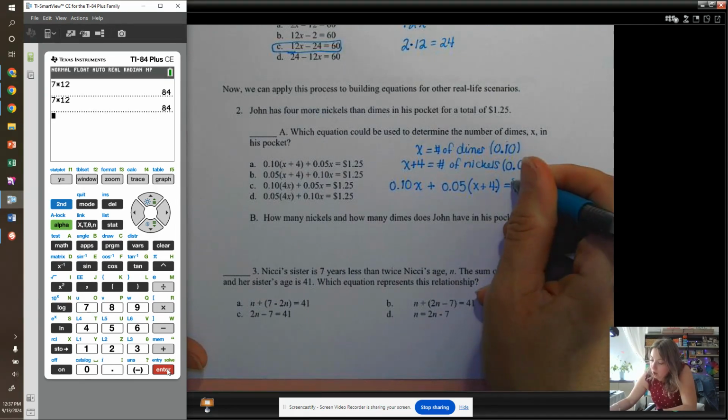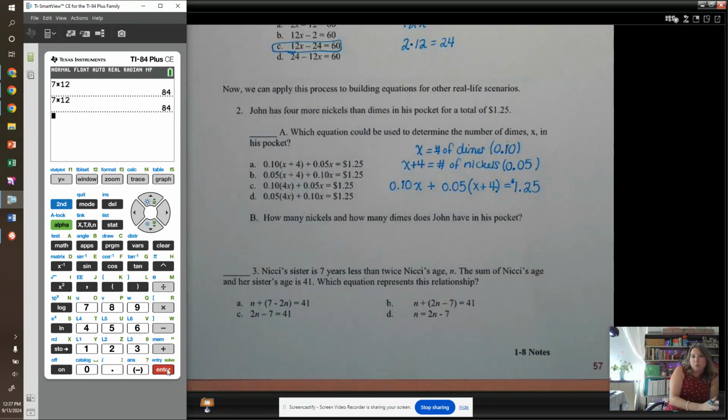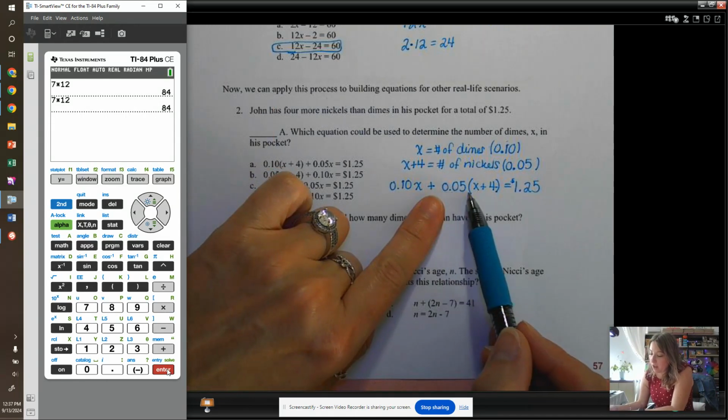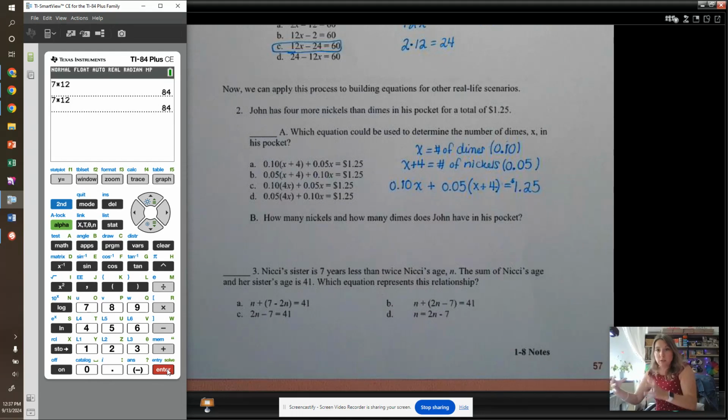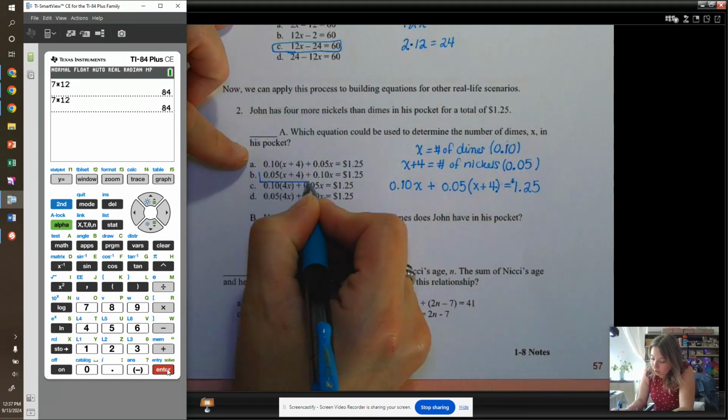And this time I built this first and then went back to look at my multiple choices. So another way that you can handle that is to build your equation first, then look at the options. Which option matches? The option that has 0.05 times the quantity X plus 4, the only one that has that is right here.